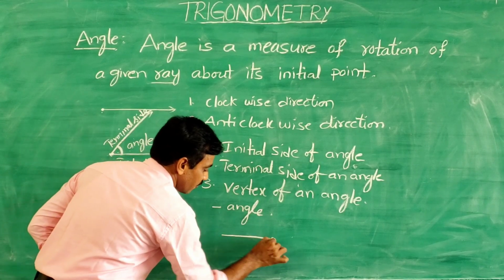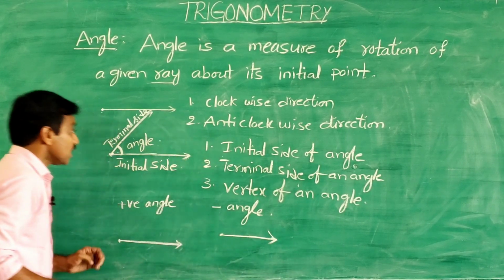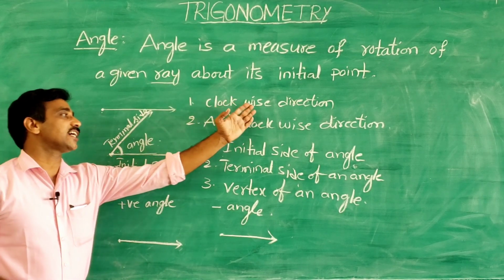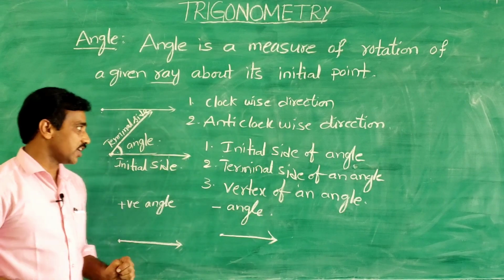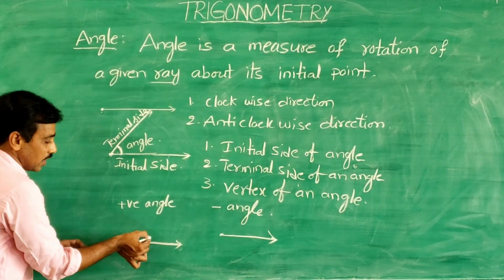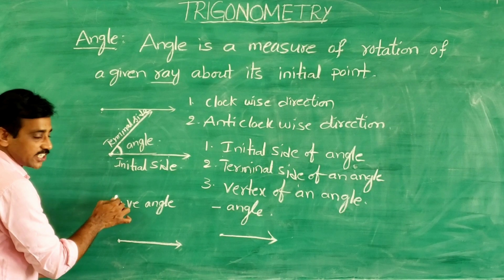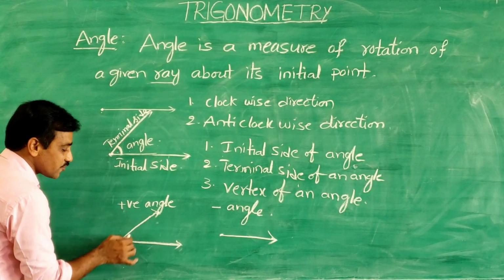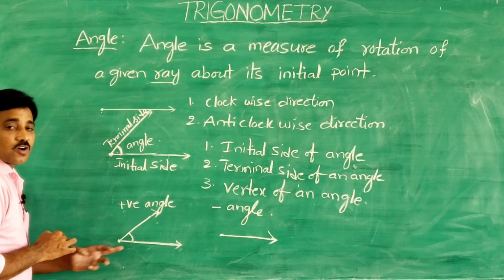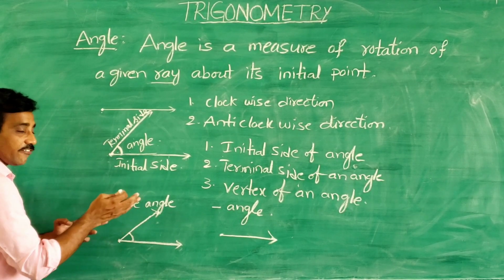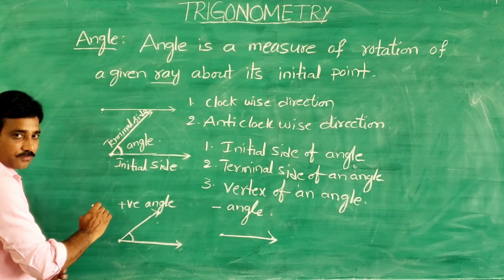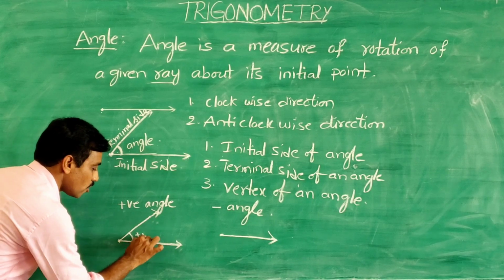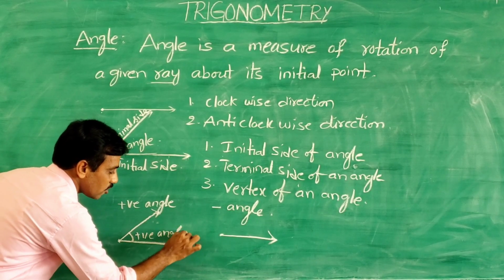We know that we can rotate the ray in two directions, one clockwise and another anti-clockwise. If we rotate the given ray in anti-clockwise direction, whatever angle is formed is called a positive angle.